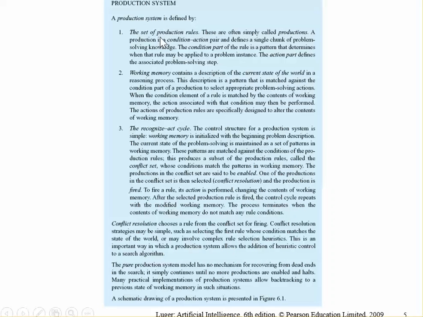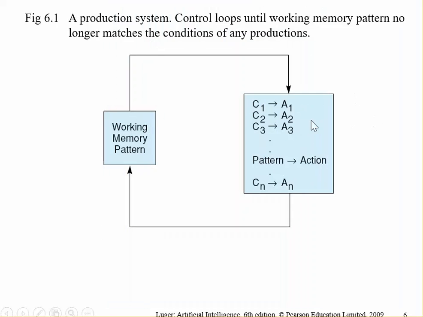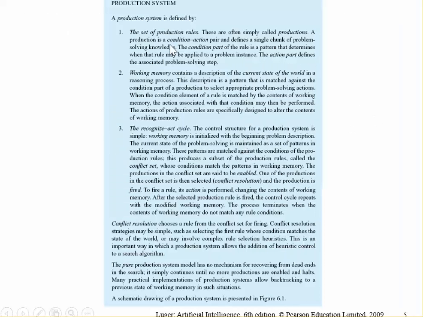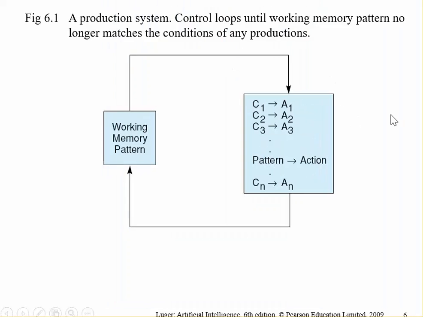So, going back, the production system has three main components. One of them is a set of production rules, which look something like this. Each one by itself is called a production rule, or just a rule.